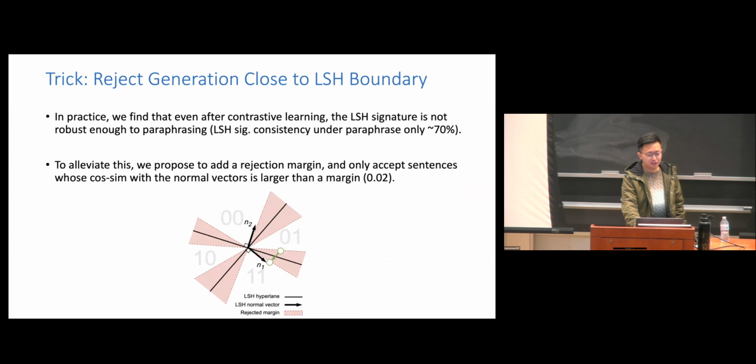That is because if some sentence is selected that is at the boundary of a region, then it could move around a little bit and go inside another region. So we add another rejection margin where we only accept the sentences whose embeddings are in the middle of the subspace. Basically we reject everything near the boundary of the hyperplanes. And this is very effective in making the LSH signature consistent.